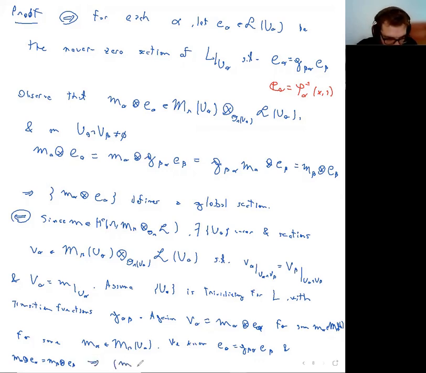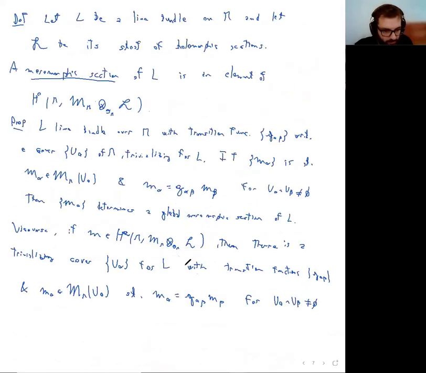In particular, this gives us (m alpha minus g alpha beta m beta) tensor e alpha is 0. Then I bring it to the left. But of course e alpha is never 0, so m alpha is equal to g alpha beta m beta, and we're done. So we proved the inverse implication.